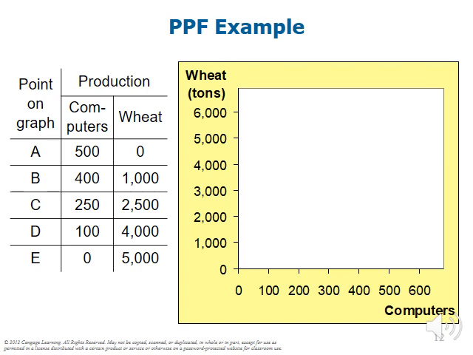If we use all of our labor in the production of wheat and nothing in the production of computers, we are at point E, 5,000 units of wheat and 0 units of computers. Row A was when we used all of our labor hours in the production of computers and applied none of it to the production of wheat, in which case we got no wheat, but we got 500 units of computers.